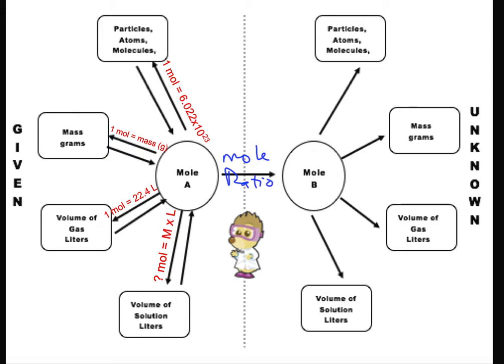So it's allowing us to bridge the gap here, to be able to take something that we can measure in the lab, convert it to moles, but then once we have that equation, we can now convert it to moles of anything in the equation. As long as we have the balanced chemical equation, I can take one piece of information about something, and I can now convert it to any information about anything in the problem.